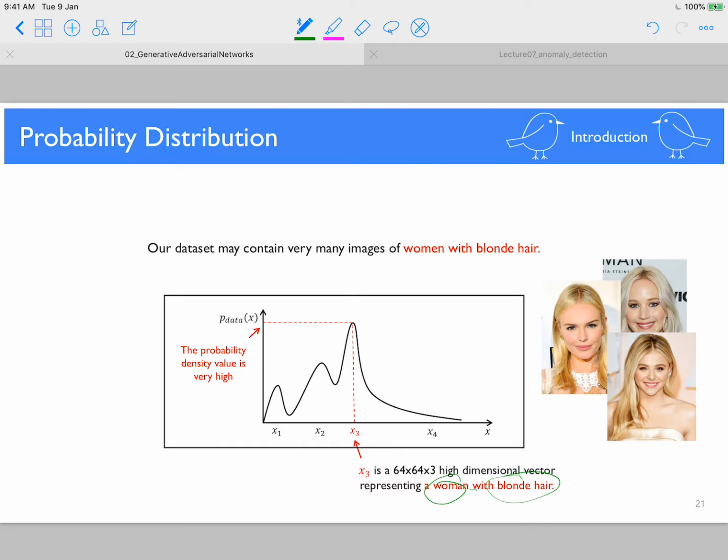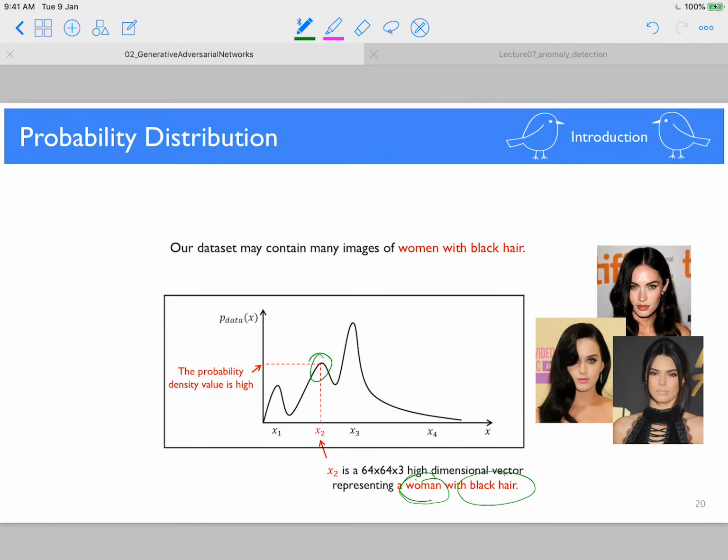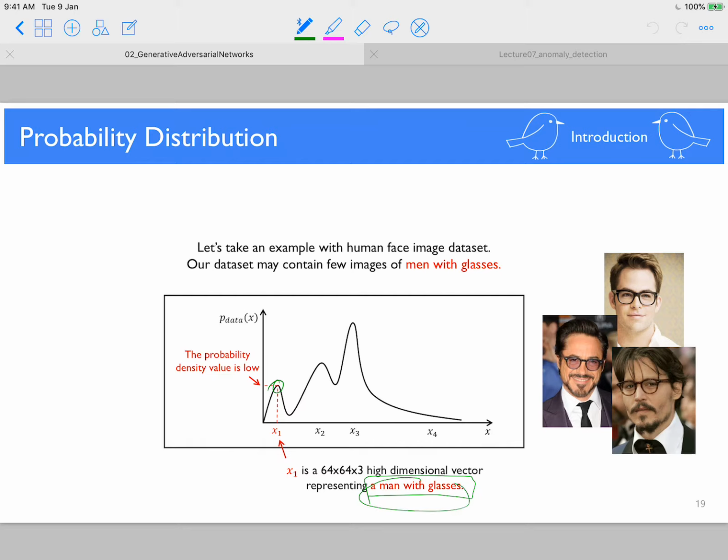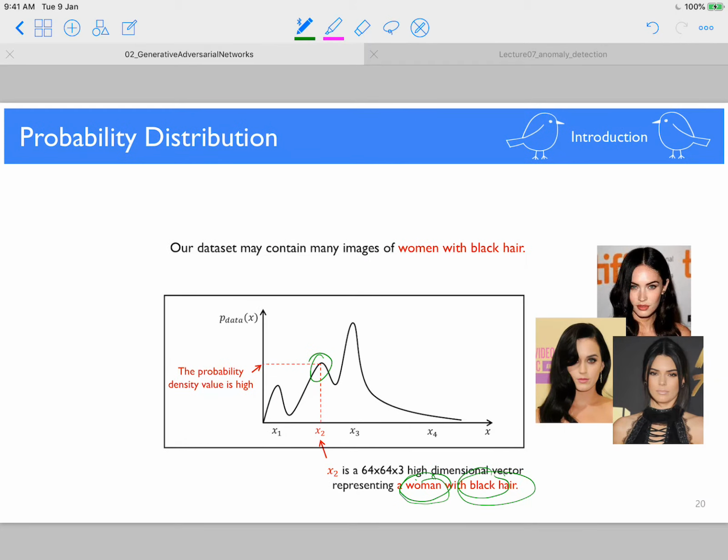So from this example, at least if this probability density is true, what it means is we may see this women with the blonde hair with a higher probability compared to the women with the black hair, and also man with the glasses, and the probability of seeing that particular person is smaller than the probability of observing the women with the black hair.